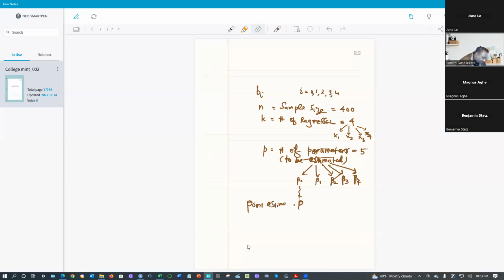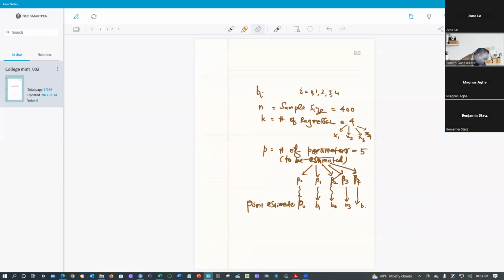So that guy is nothing but B naught. This guy is B1. In that ANOVA table, you have B2, B3, B4. B1, B2, B3, B4.